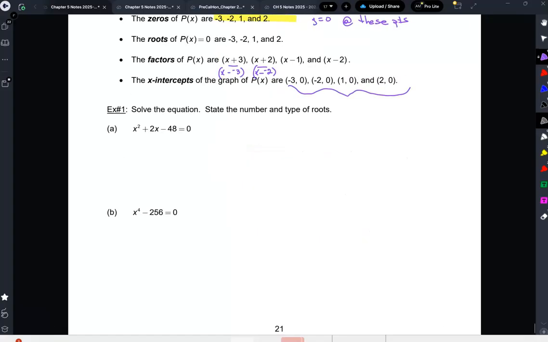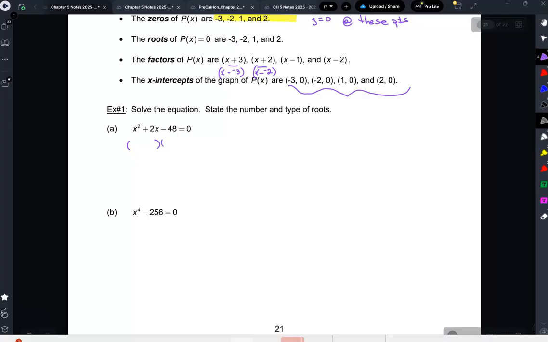Okay, so let's solve and state the number and type of roots. So now, we have made it so far that there is now not a single polynomial on this planet that you will not be able to factor, right? That's a pretty cool thing, okay? So let's do this one. Starting off easy, right?